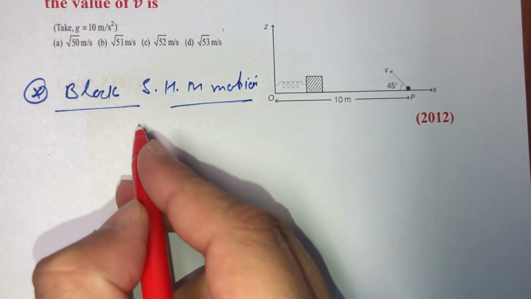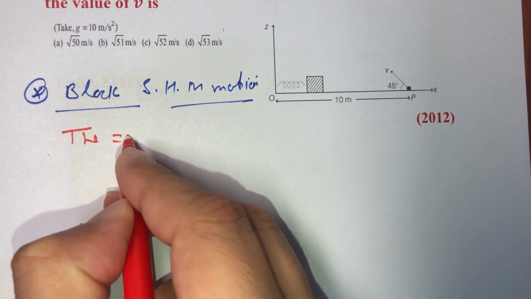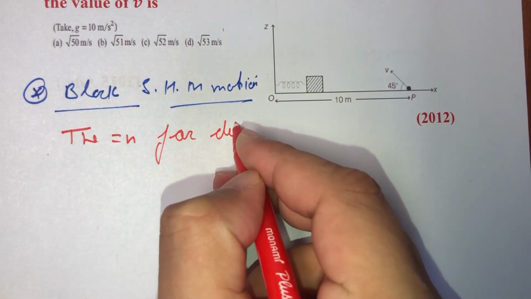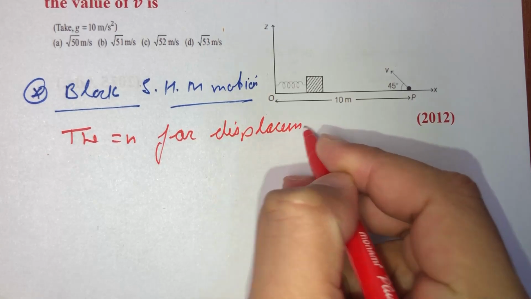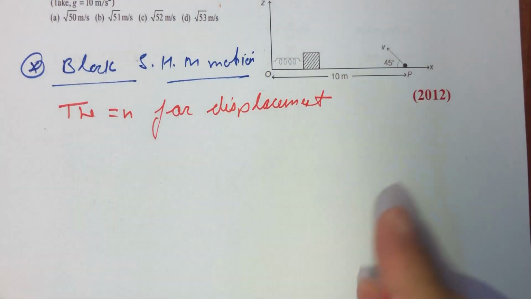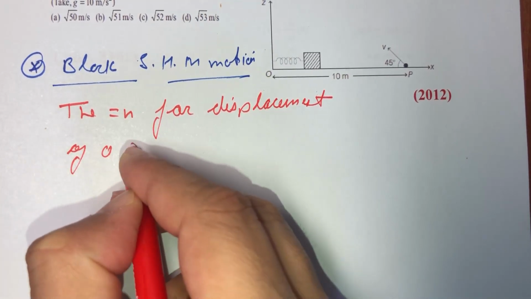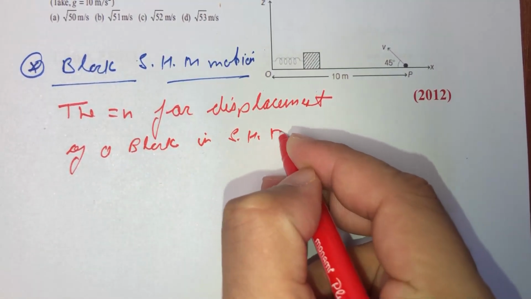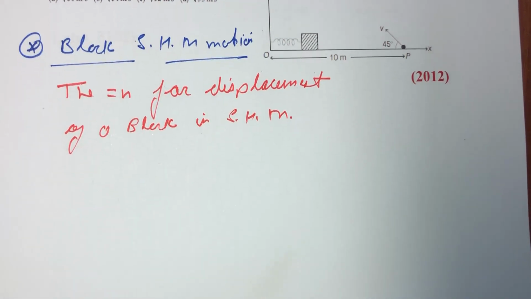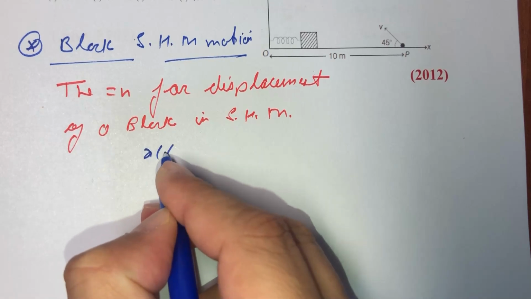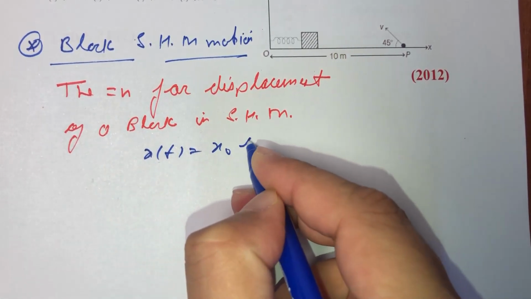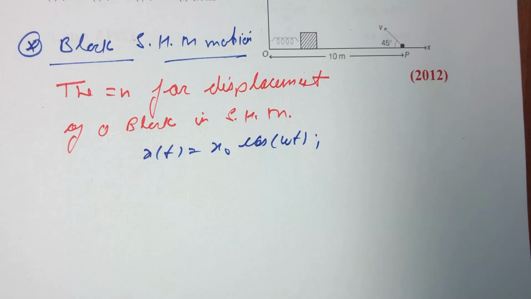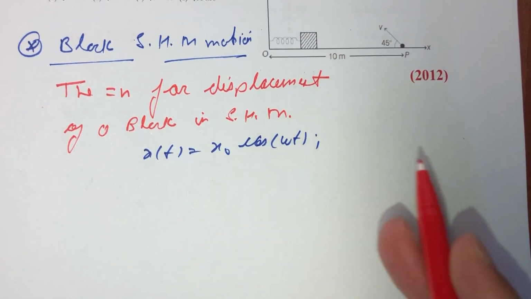So you can write that the equation for displacement of a block in SHM is given as x of t equal to x naught cos of omega t, where x naught is the maximum amplitude.